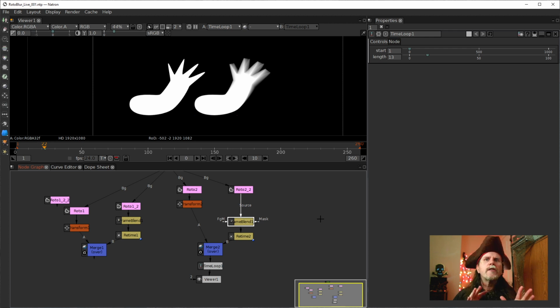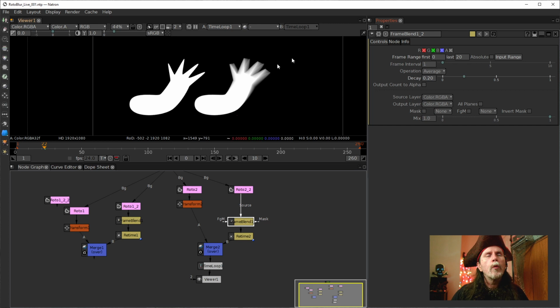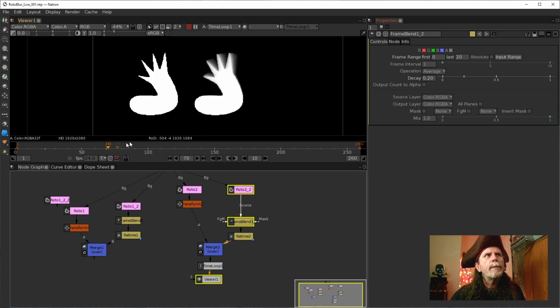So if somebody wants to do a motion blur, there's also another thing, which is that the TimeBlur does not suffer from needing to stretch it out in this case. So what do I mean by that? All right, so here on our right, let's reset our FrameBlend. What we did is we had set the FrameBlend to do that fun look. I said I like the way this looks, because it made the motion blur on the hand.